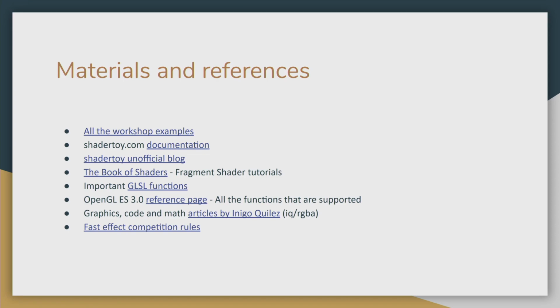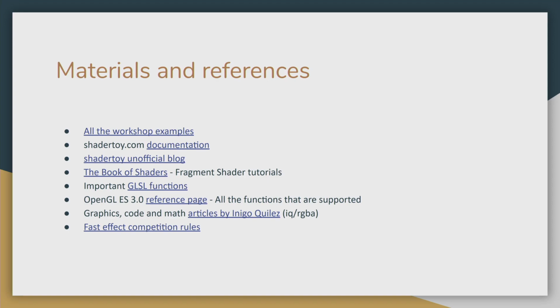It starts from the very basics and then goes on to how to do, for instance, random functions, how to generate noise, and these kinds of basic elements that you will need when you are doing more complex effects. So the Book of Shaders is a really good website if you want to get more familiarized with shader coding.